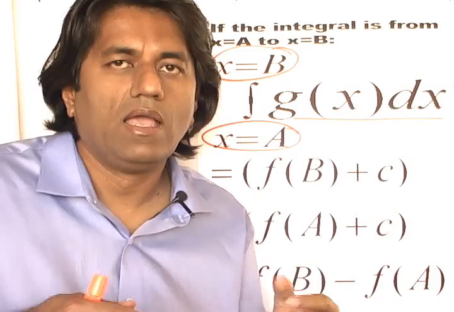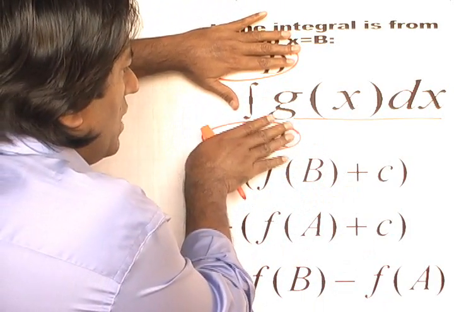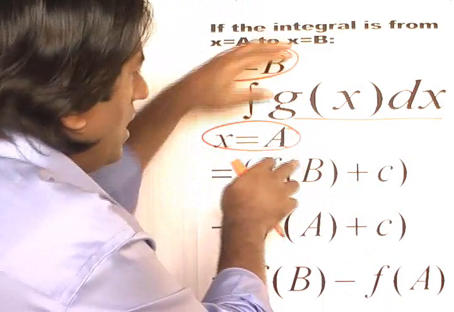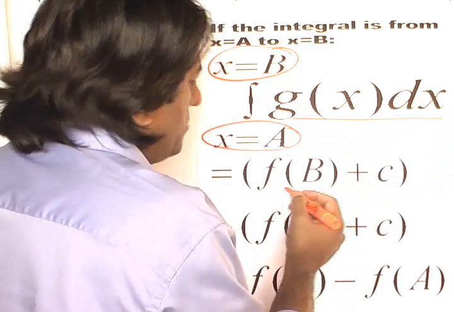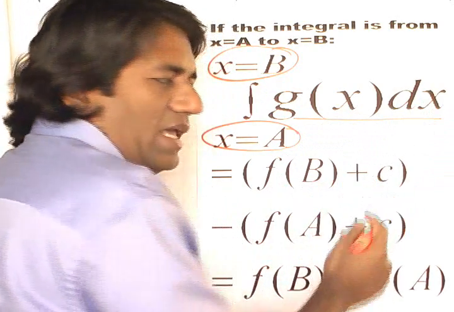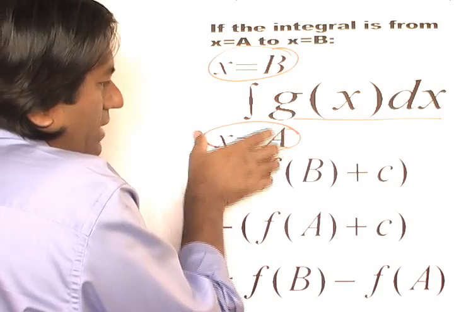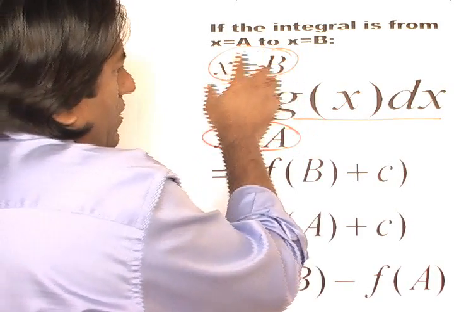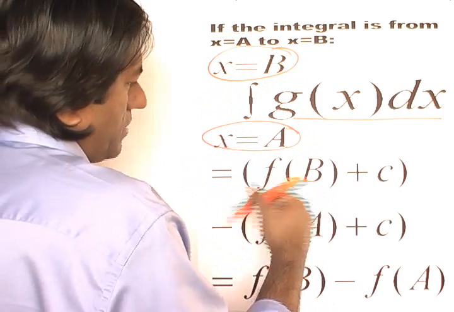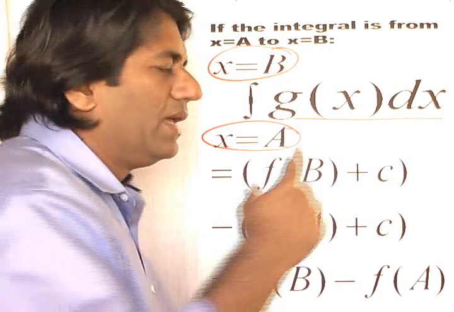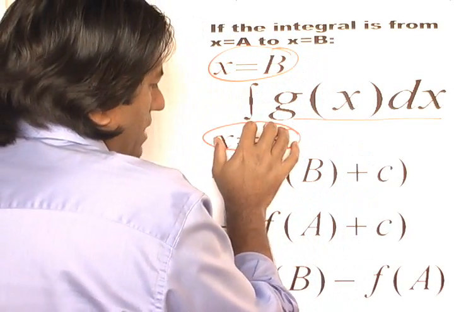Now if you have the solution to the indefinite integral of g(x) dx as F(x) plus c, then the definite integral is the integral at x equals a minus the integral at x equals b. No, actually it is the integral at x equals b minus the integral at x equals a.